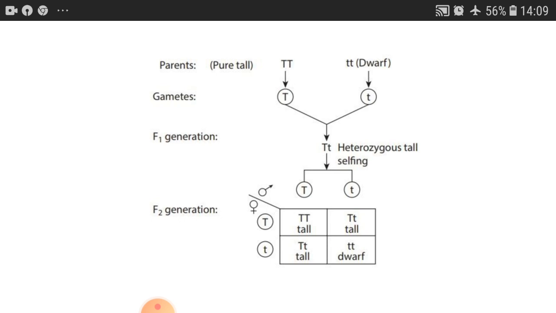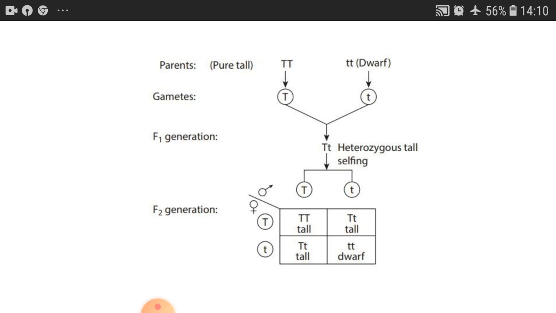Although in the F1 the genotype is capital T and small t, the phenotypic character which was seen was tall, whereas in the F2 we see that 3/4 of the progeny, that is the capital T capital T and the capital T small t, were tall, whereas for the small t and small t, only 1/4 was dwarf.